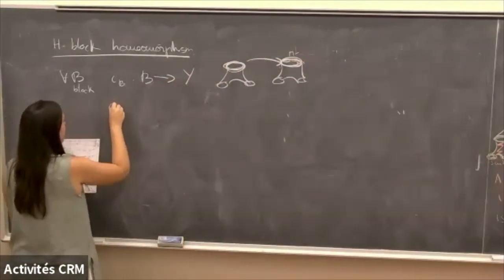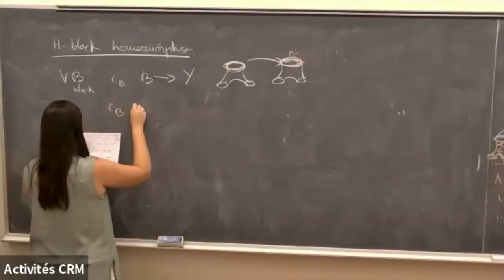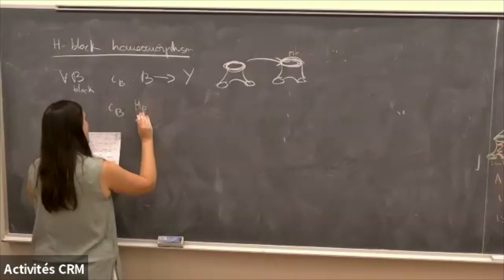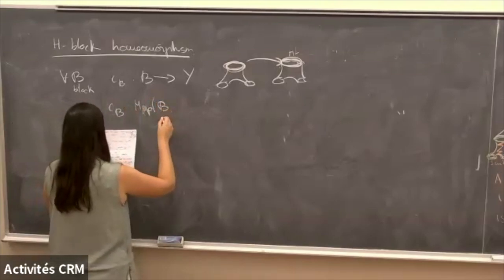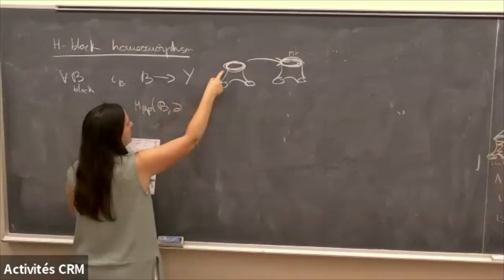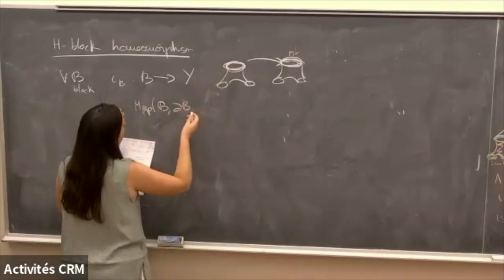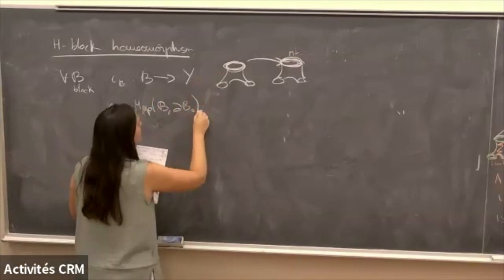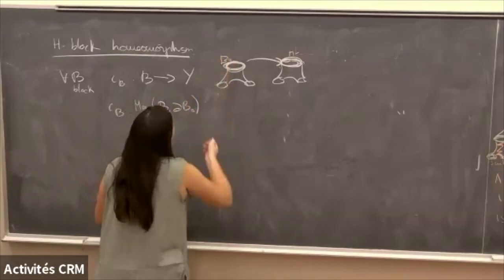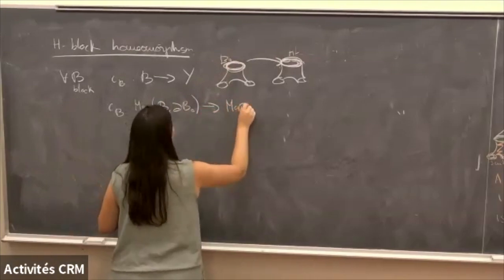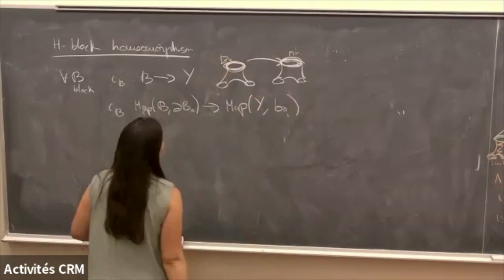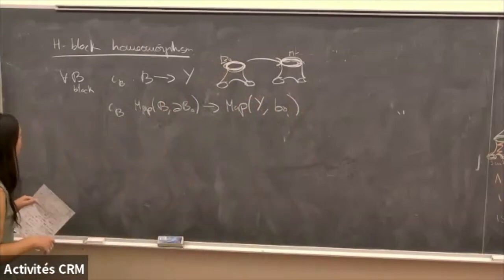And it extends in the obvious way, using notation from the mapping class group of B that fixes this boundary. Let's call it B0, to the map. So here, the one that fixes the one.